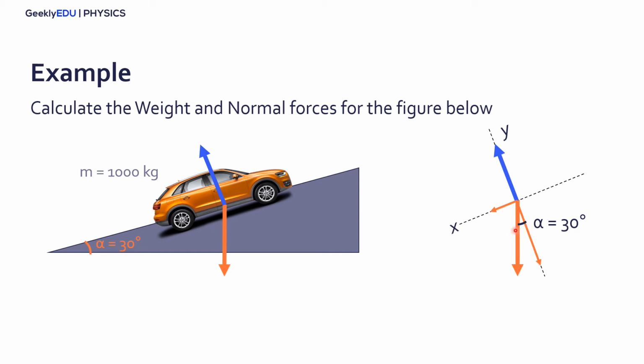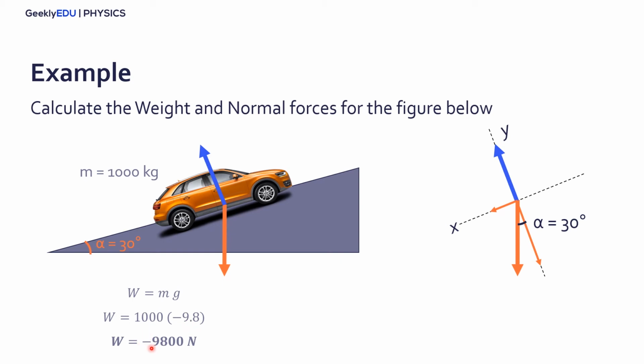So to calculate the weight, well, it's easy, right? We know that the weight force is mass times the gravity acceleration. So it's 1,000 times negative 9.8. So the weight is negative 9,800 newtons.